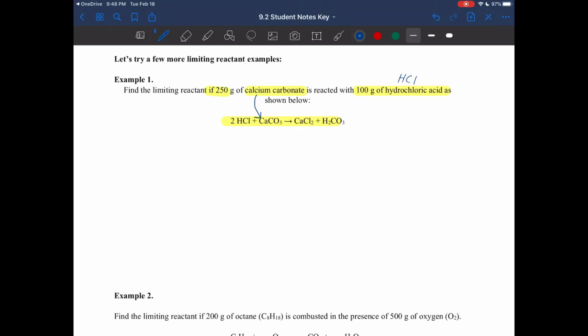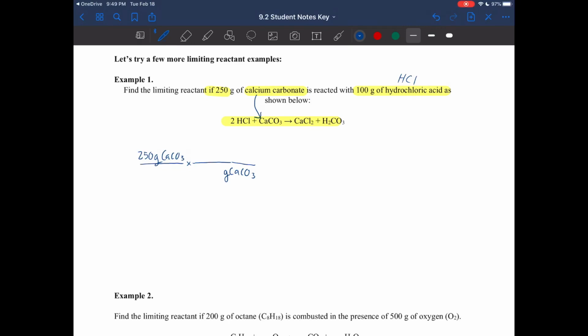So to figure this out, I would do the same process as before. Let's figure out how many moles of reactions can be powered up by each amount of reactant that we have. So I'm going to start with the 250 grams of calcium carbonate, the CaCO3. And whenever we have grams, we probably want to convert it to moles first. So we have to divide it by the molar mass of CaCO3.